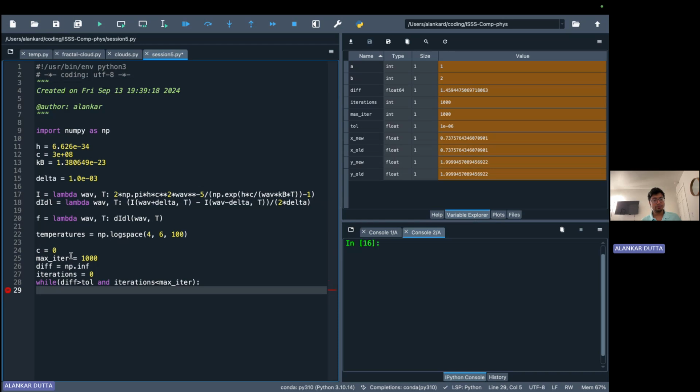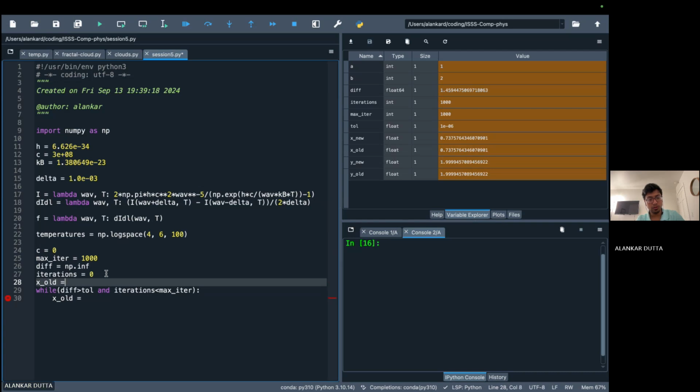And here we come into this and try to find out something like x old. So x old equals this, the guess value. So the guess value is, say, 200. I mean, this is just something I'm giving on my own.